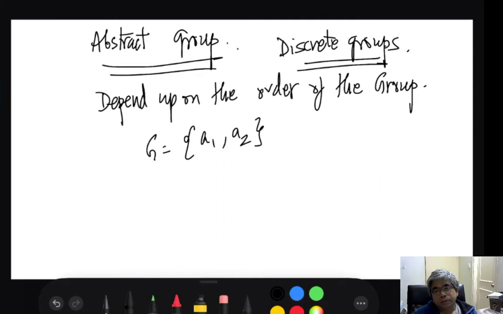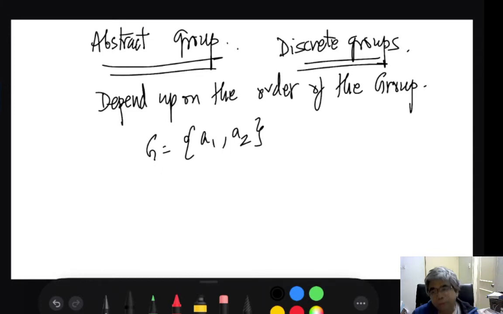Such that A square is equal to E, or A is its own inverse, for example A times A is equal to E. You can think of what the possible options are for these elements. Essentially there are not many options.